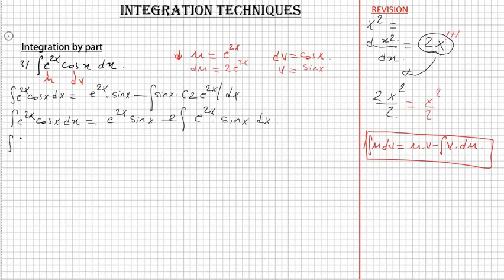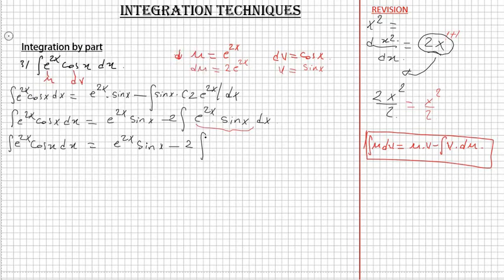So again, I first need to copy what I have. That is equal to e to the power of 2x sine x minus. I need to look at the expression on the right hand side of the integration symbol.